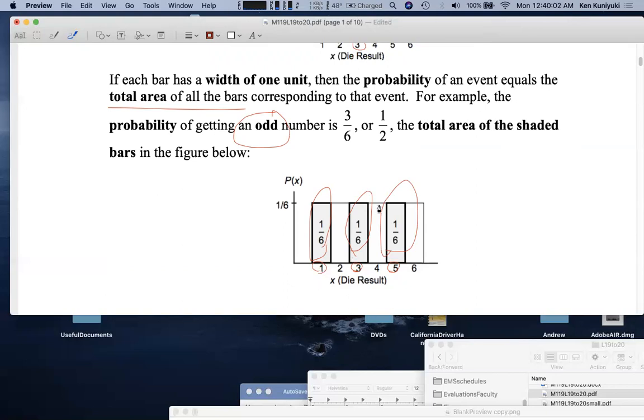The probability of getting an odd number is the sum of these probabilities. 1/6 plus 1/6 plus 1/6, that's 3/6 or 1/2, which is the total area of all the shaded bars in this figure. The probability of getting an odd number was P of 1 plus P of 3 plus P of 5, 3/6 or 1/2.